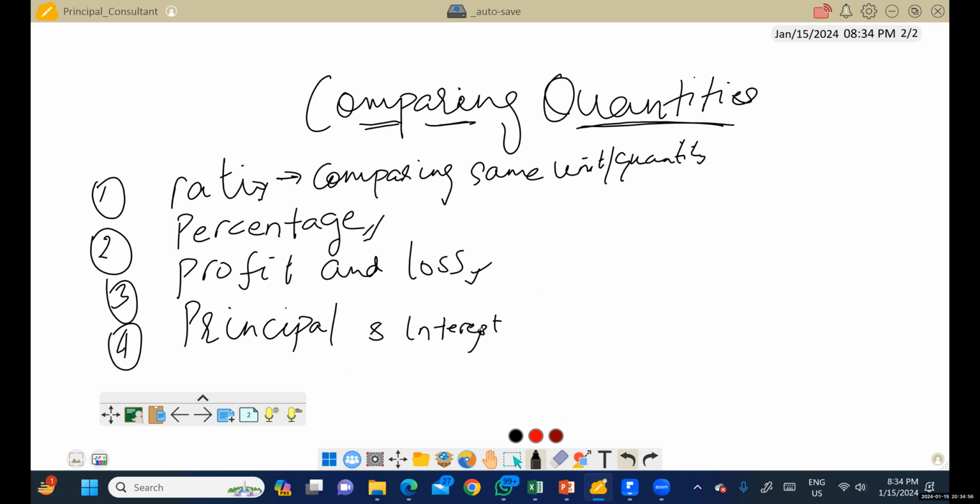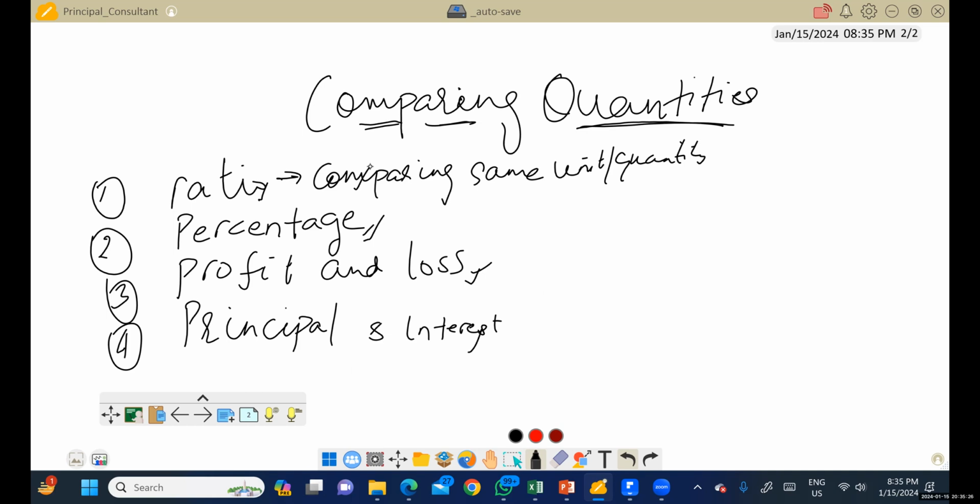Because two or more quantities are involved, right? Two or more units are involved, correct? Yes or no? Yes, sir. We are comparing something with something. We are comparing two quantities when we talk about ratio.